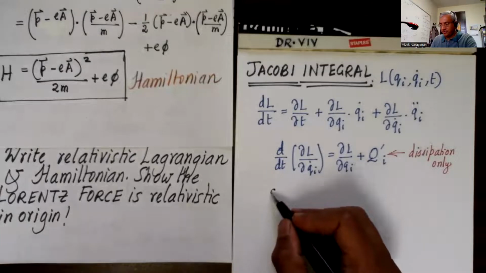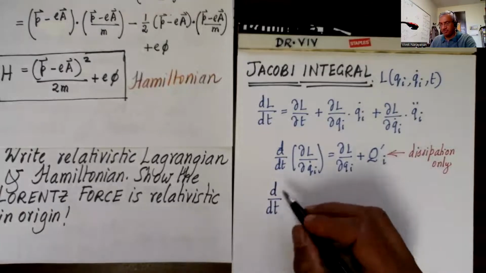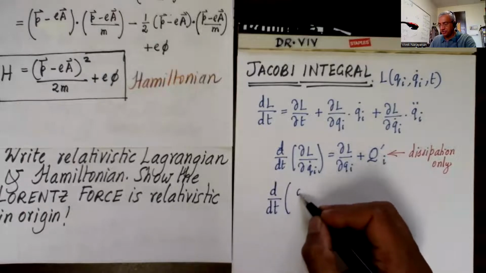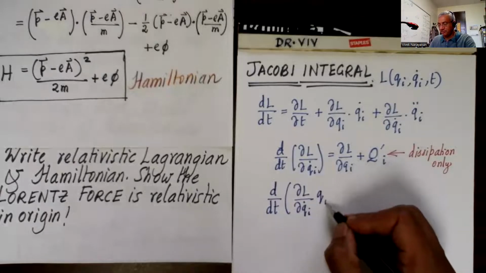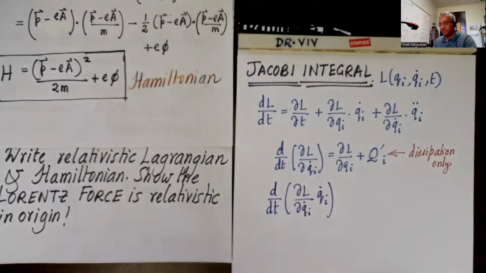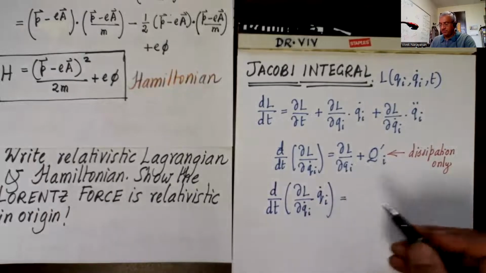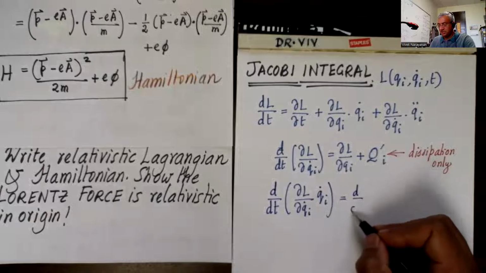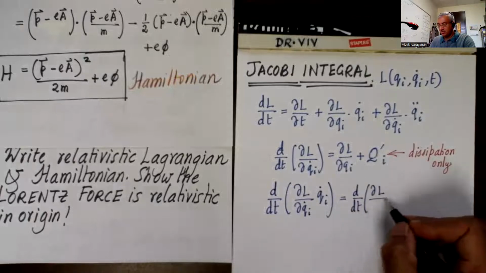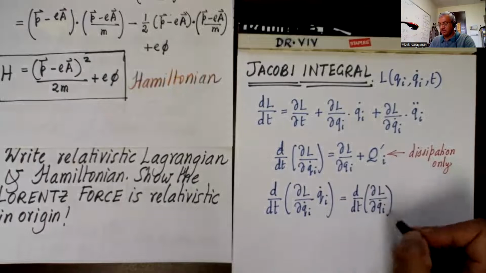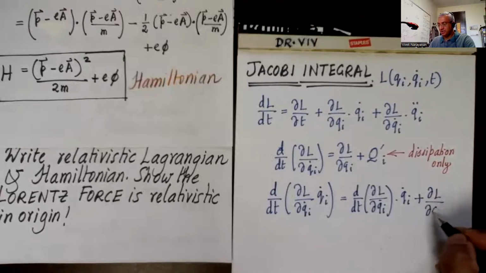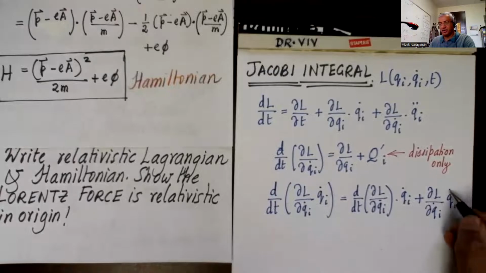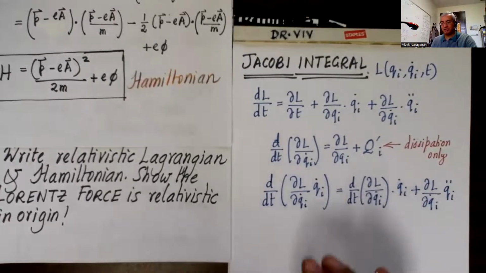Let's try to see what happens when we do this total derivative. If I do this total derivative, my first term will be d by dt of del L by del Qi dot times Qi dot. And the second term is going to be plus del L by del Qi dot times Qi double dot, just by using the product rule of Leibniz.